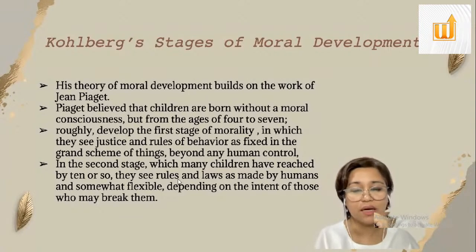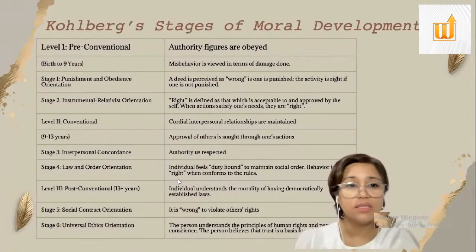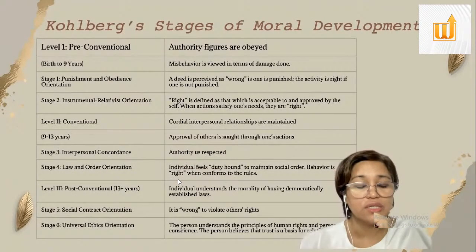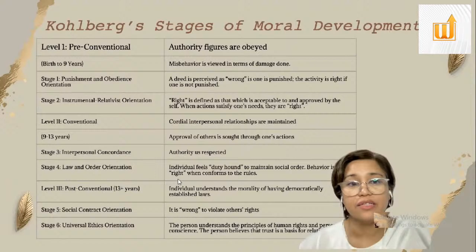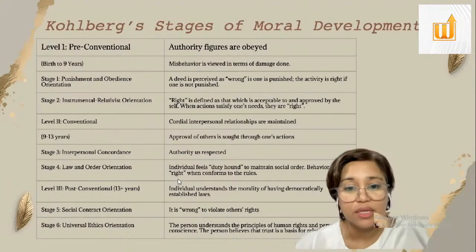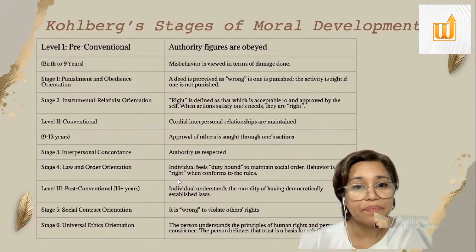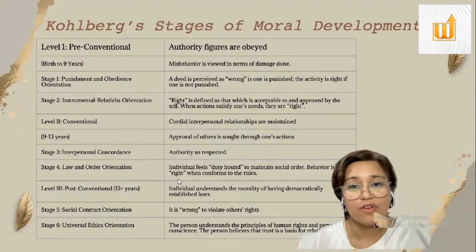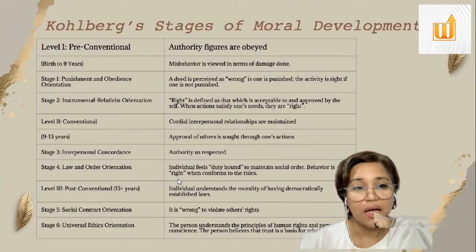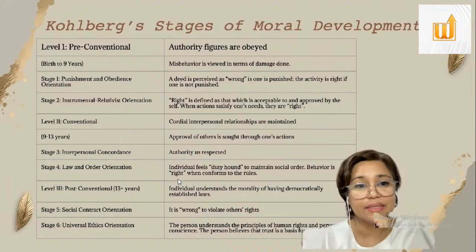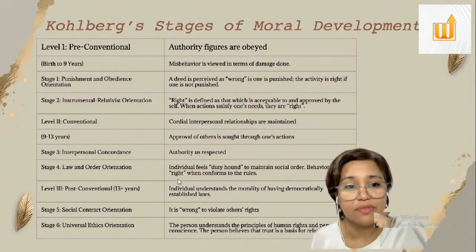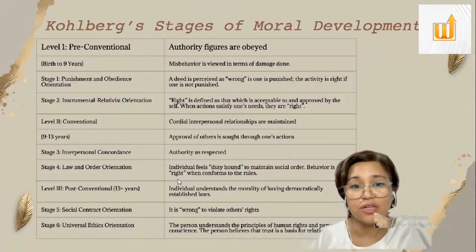So let's look at Kohlberg's stages of moral development. We look at the level one pre-conventional stage, which is characterized from birth to 9 years old. We look at the behavior of the child that is centered on punishment versus obedience orientation.